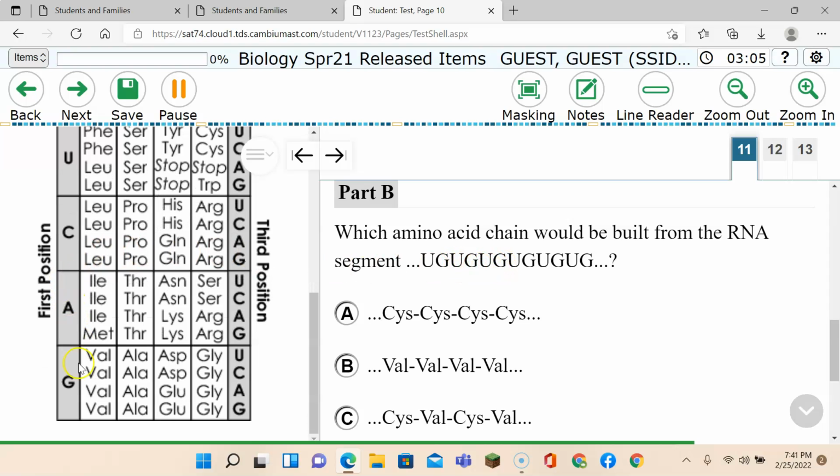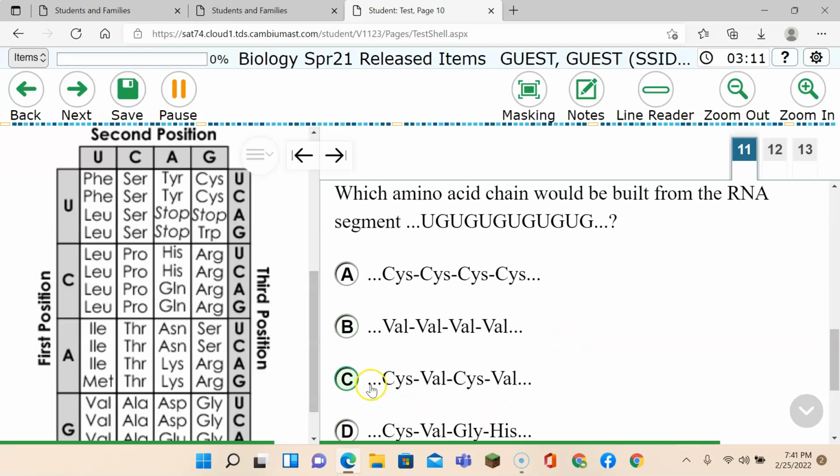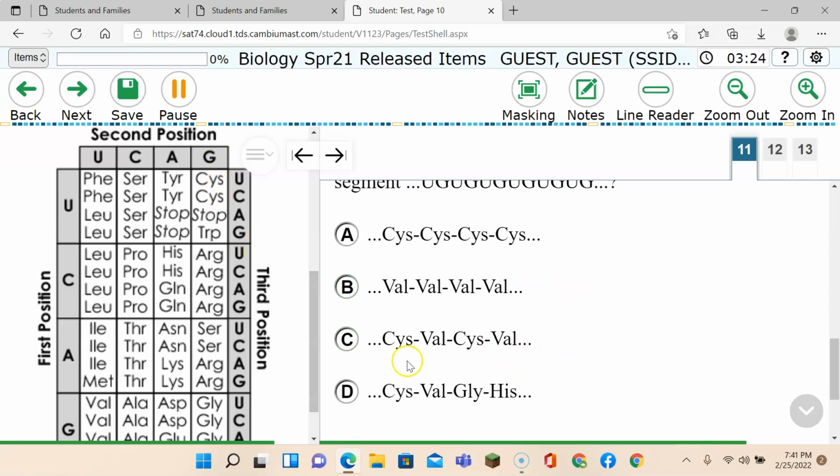So we go down here, G, U, and G. And that would be Val. So we got UGU, GUG, and we got UGU again. So we got UGU, and that's the Cys. So our answer has to be C. That's pretty easy.